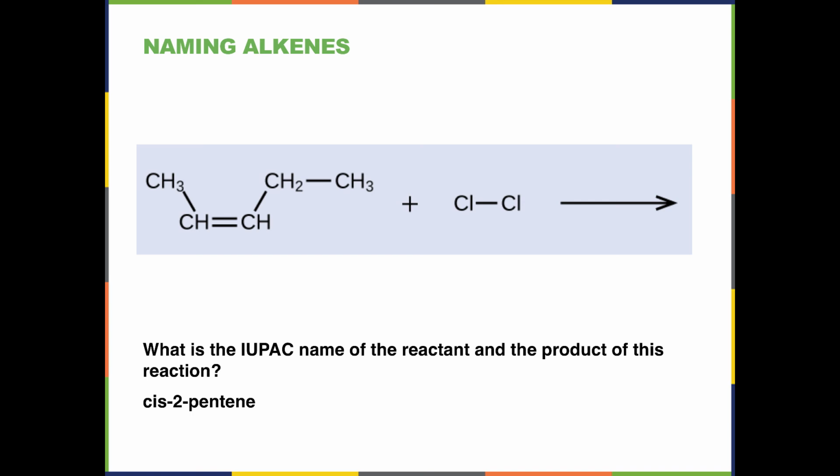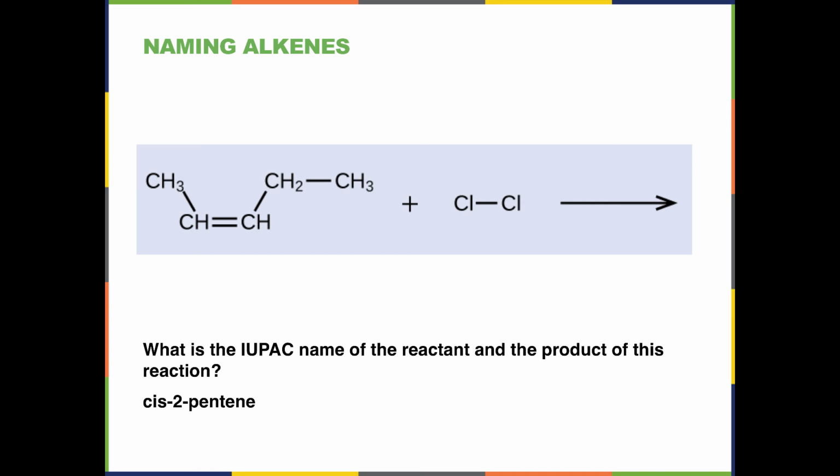Okay, the name here, it's 1, 2, 3, 4, 5, so it's pentane, but because it has a double bond, it's pentene, and all of the material is on the same side of that double bond, so it's cis, and the double bond is at the 2nd and 3rd carbon, so it's cis-2-pentene.